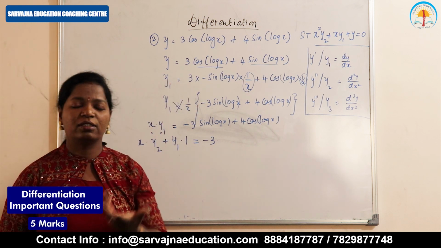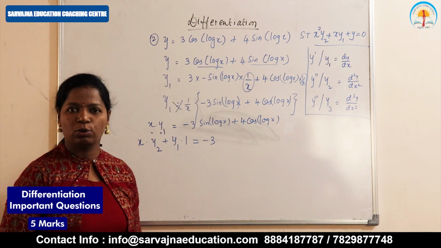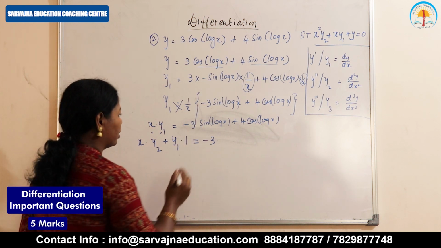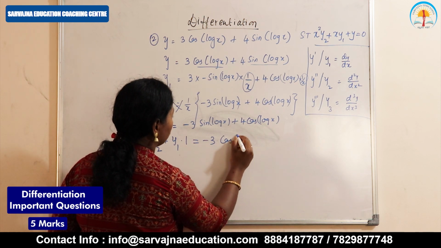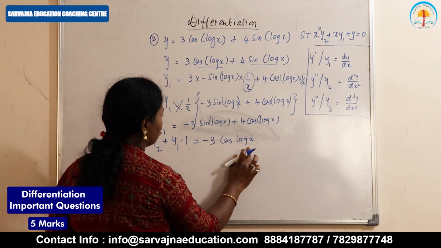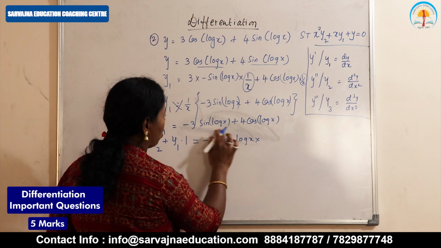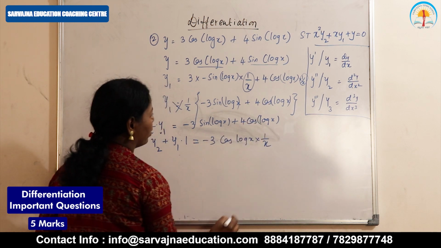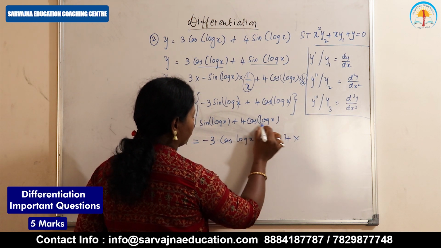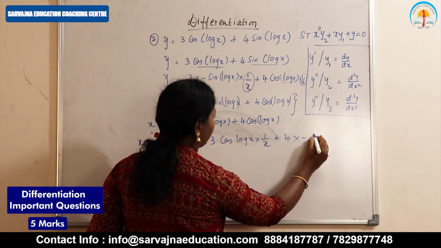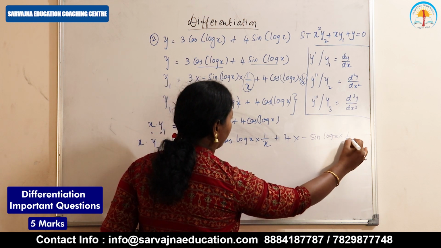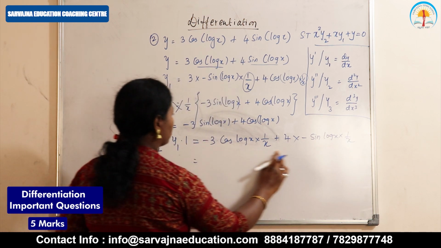In the starting itself we already did the differentiation. Once again we have to do that because there is a second derivative, correct, right? The second derivative means we have to do the differentiation a second time. Minus 3 cos log x, because it looks like sin x. Sin x differentiation is cos x, that's why cos log x, and in the place of x there is a log x, again the differentiation of log x is 1 by x. Plus 4 into cos x, it looks like cos x. Cos x differentiation is minus sin x, minus sine of log x, and log x differentiation is 1 by x. It's a chain rule. Again, can I take 1 by x common here?